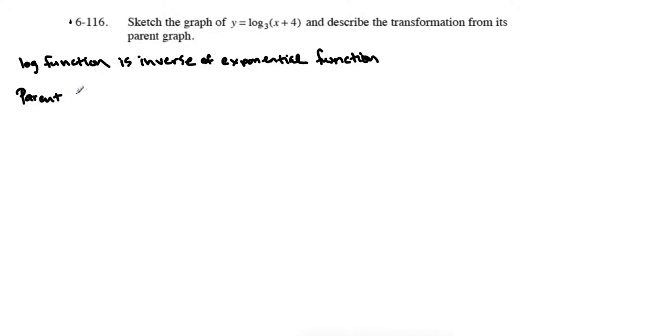of this function here is going to be y equals log base 3 of x. Okay, so right now remember this is in what we refer to as log form.